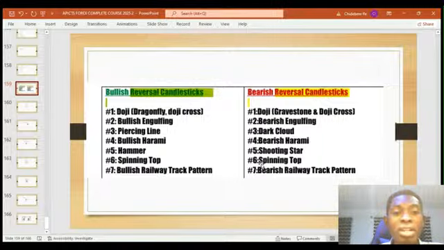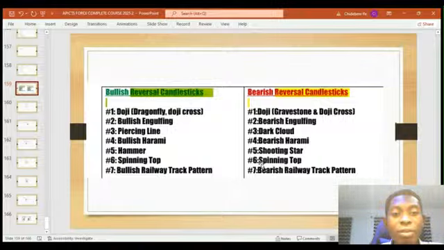So on my screen here I have a table. I got this particular table from a textbook, and it's talking about the reversal candlesticks. We have the doji on my left, as a reversal candlestick. And I told you, don't forget, that doji is neutral, especially the common doji and the long-legged doji. They are neutral.